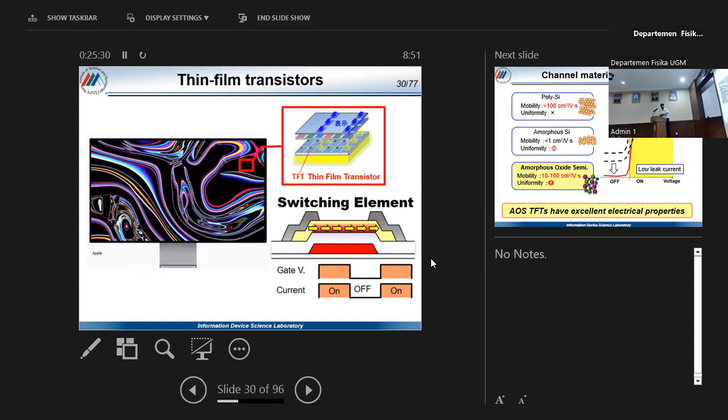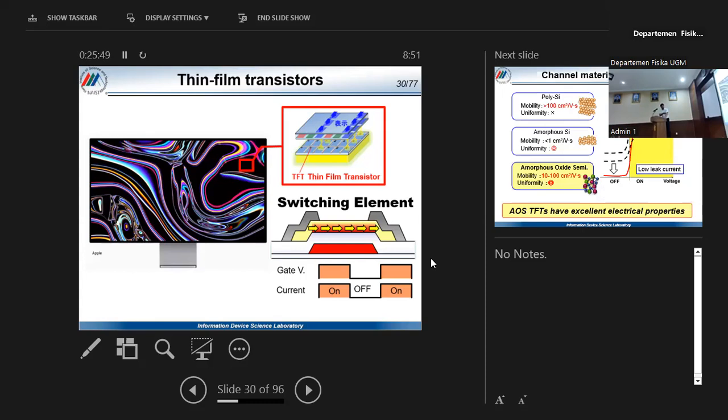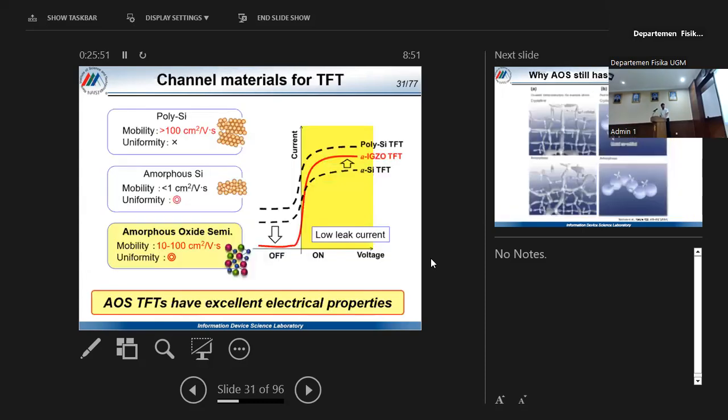And if you don't apply a voltage, or if the voltage is lower than the threshold voltage, there will be no current. So basically, it's like your light switch. You turn on, there's current. You turn off, there's no current. That's the basic idea behind the thin film transistor. But in the thin film transistor, for this channel part, there are 3 channel materials that you can use.